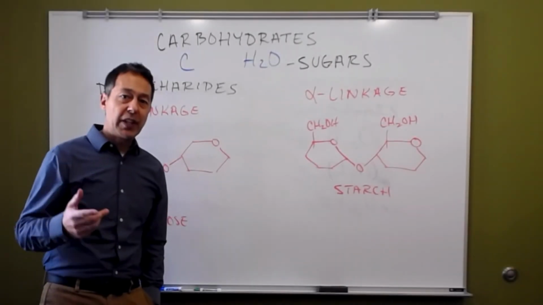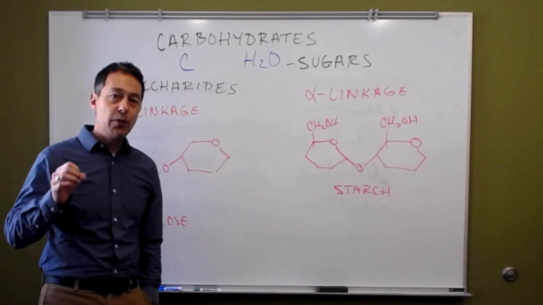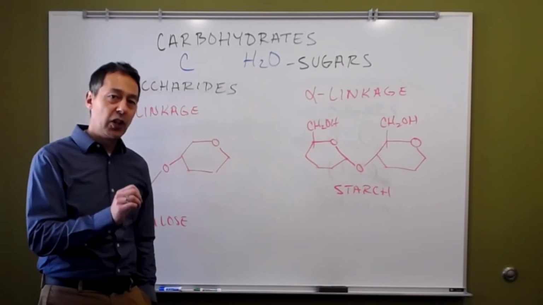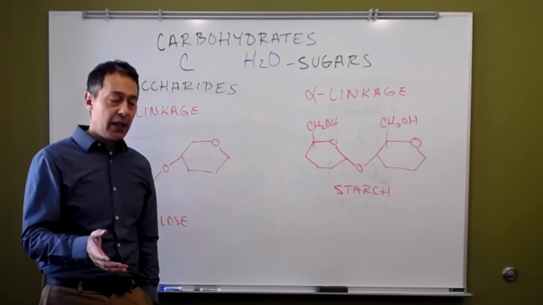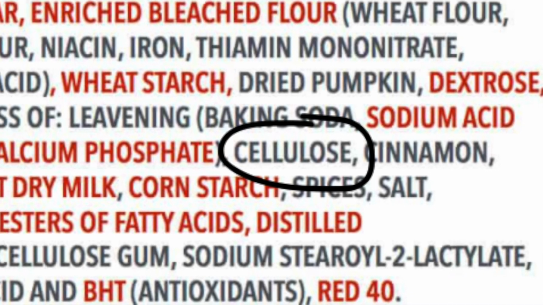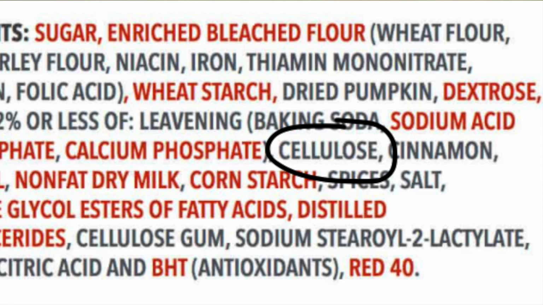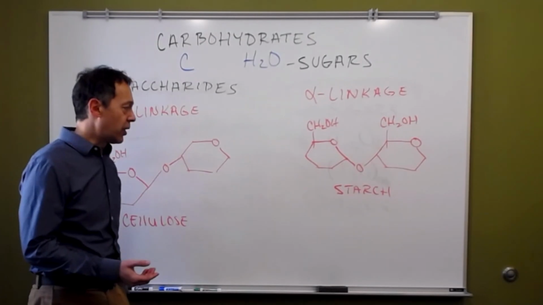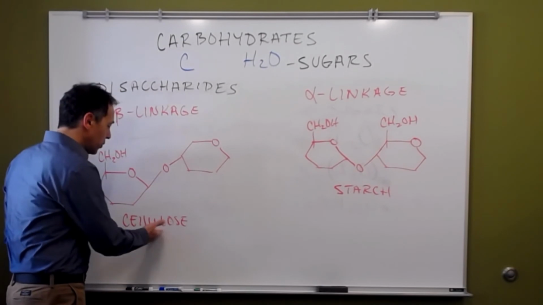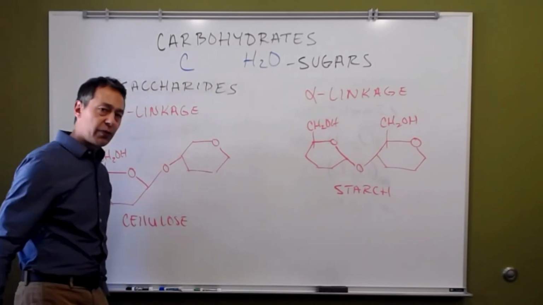Something that's kind of curious is if you take a look at the ingredient list of, say, a diet bread, you might see cellulose listed. Based off of what you know now, it might be a bit of a head scratcher. Why would you add cellulose to the ingredients for your bread?